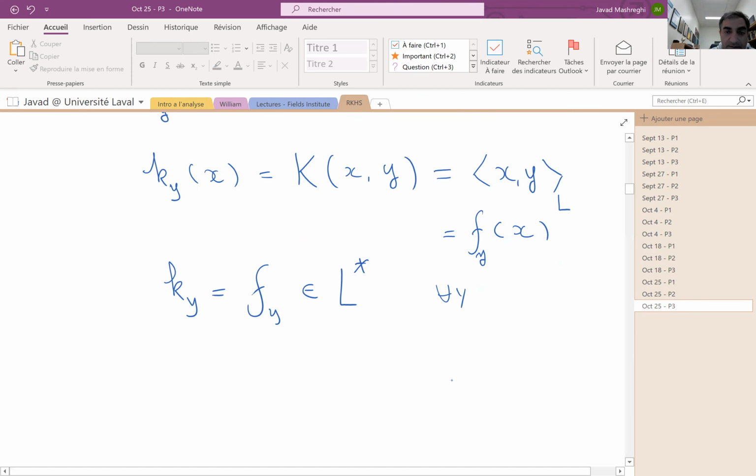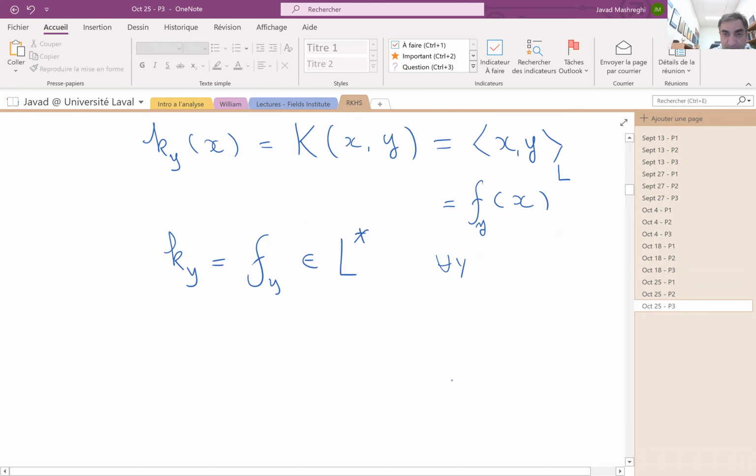And if you take any linear combination, sum alpha_j k_j, to obtain the elements of W, it's sum over j from 1 to n of alpha_j f_{y_j}.